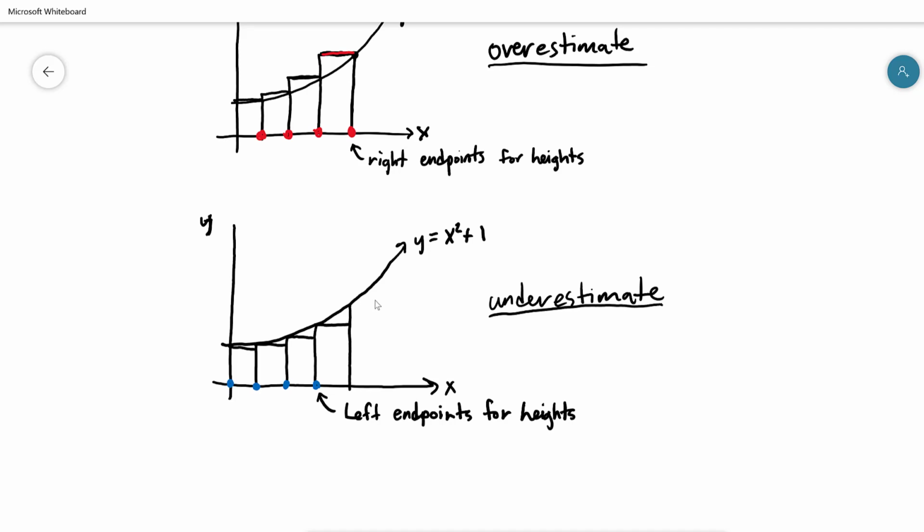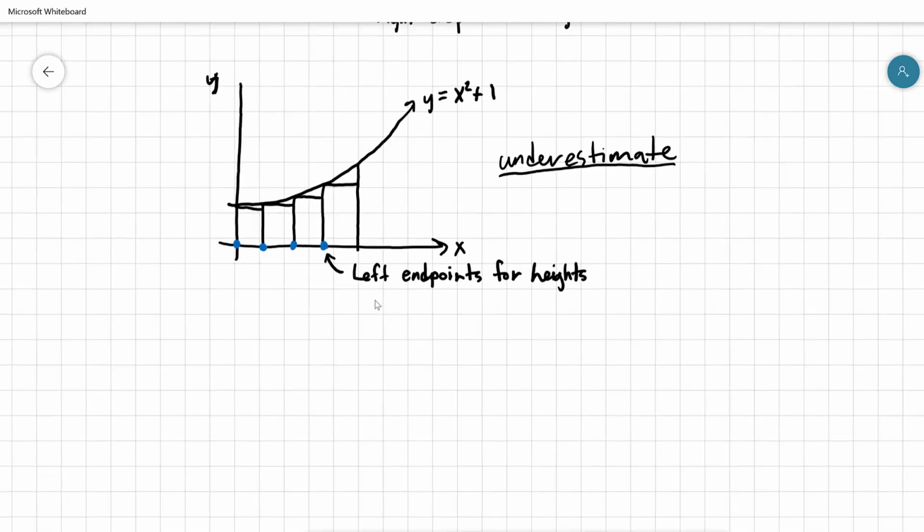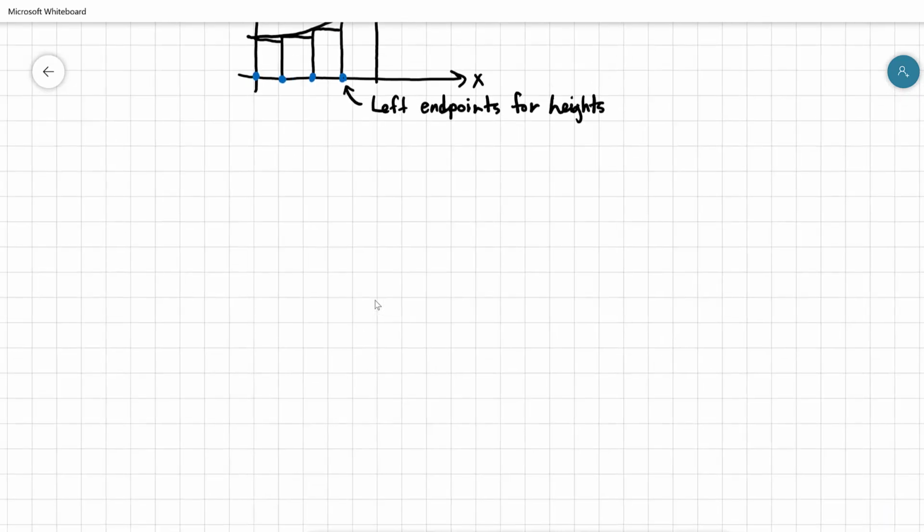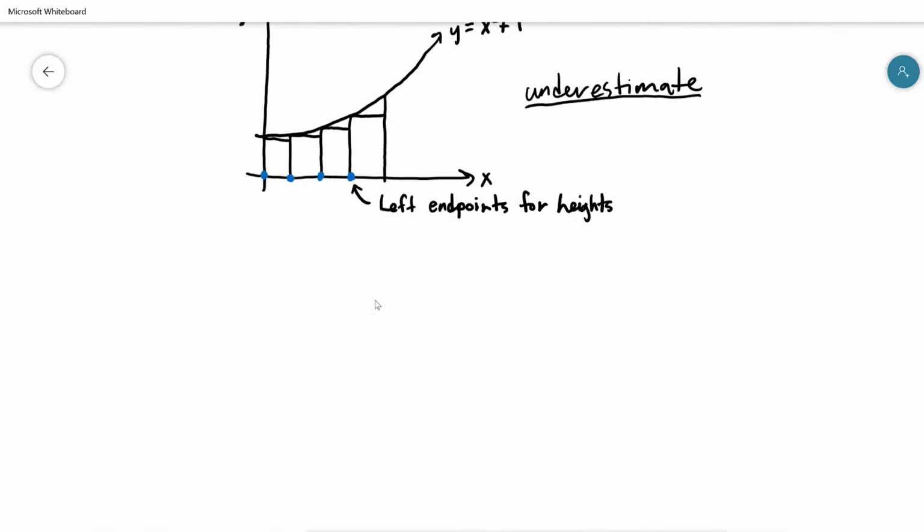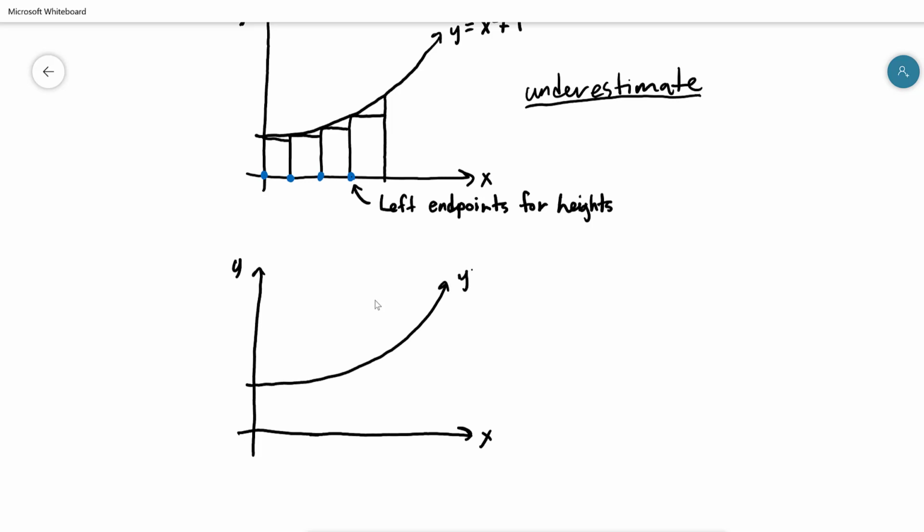Instead of using rectangles, I could approximate the heights using trapezoids.